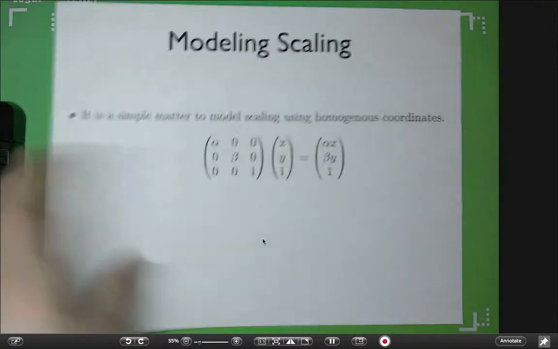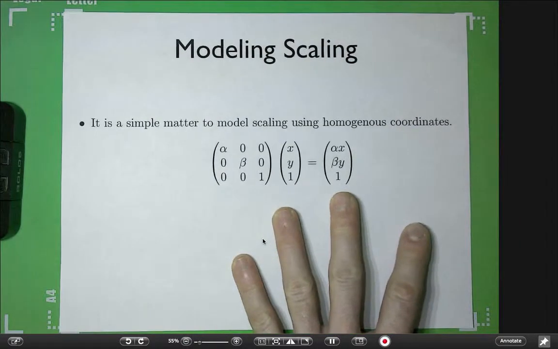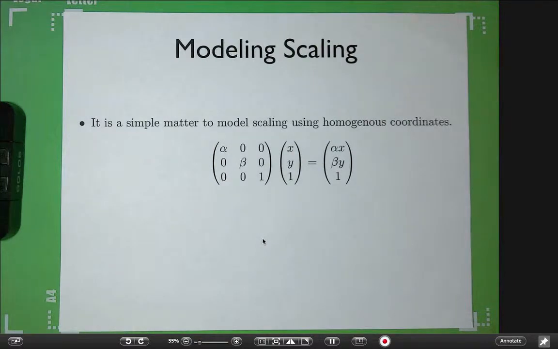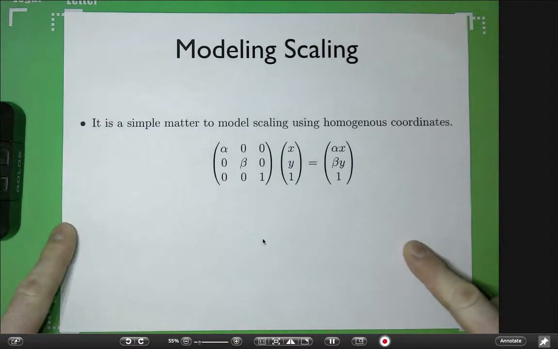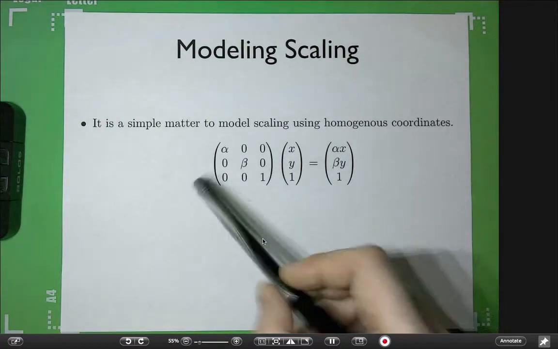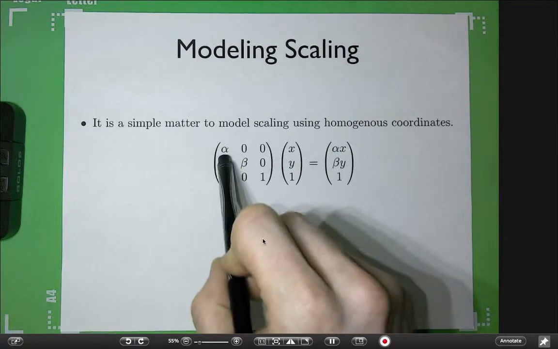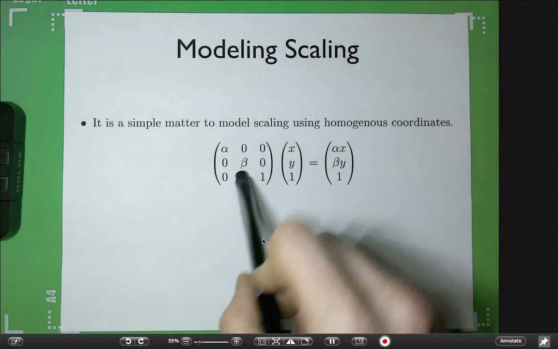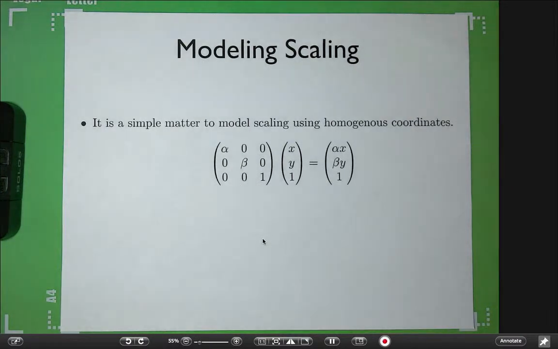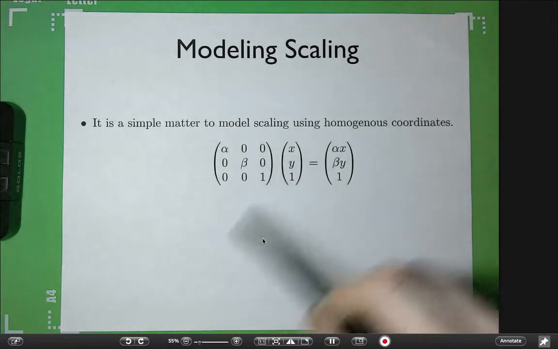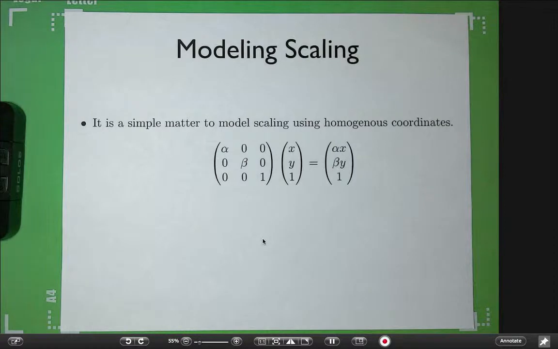So scaling is also very simple. This is a non-uniform scaling, a scale of alpha in the x-axis and beta in the y-axis. This would correspond to a non-rigid transformation.